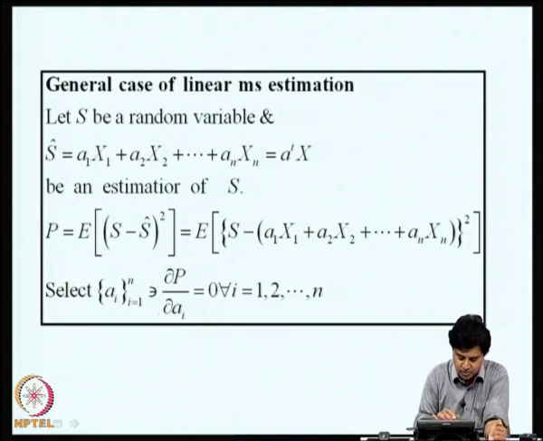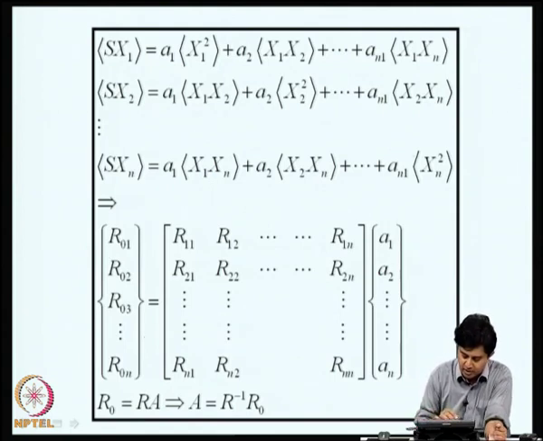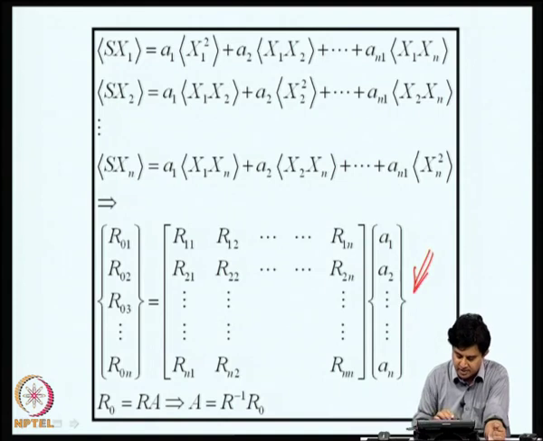How to select the AIs so that dou P by dou AI is 0 for I equal to 1 to n? This can be done, we have to differentiate with respect to A1, A2, A3, An separately and put the error to be 0, and this leads to this matrix equation where Rij is the expected value of xi into xj. So, based on that we can get the value of the constants that we are looking for.